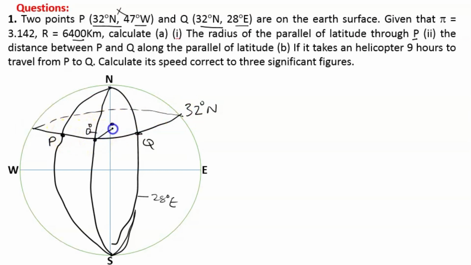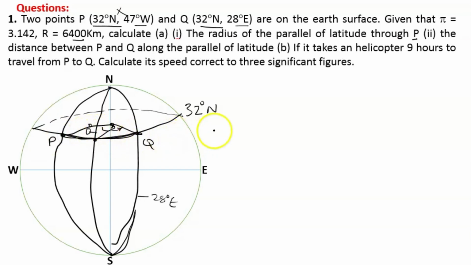All these lines will be joined. We join this to this, and this to it. Actually, it ought to be a straight line. From here I have this angle, and from here I also have this angle. The distance PQ, you can see clearly, is along this small circle.